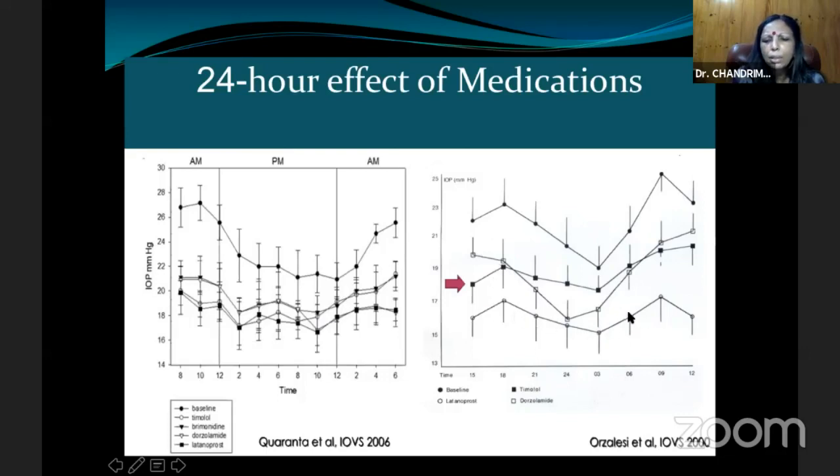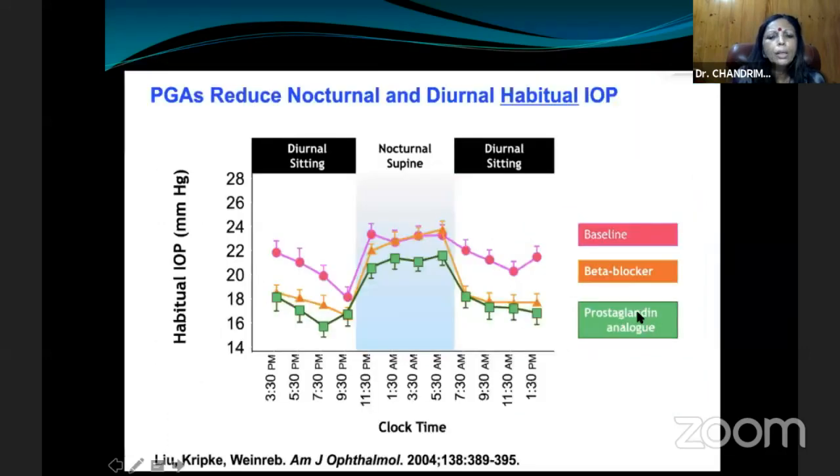And if you look at this over a 24-hour period, compared to a beta blocker, a prostaglandin analog has a much better effect, especially at night, in lowering IOP than the contender beta blocker.